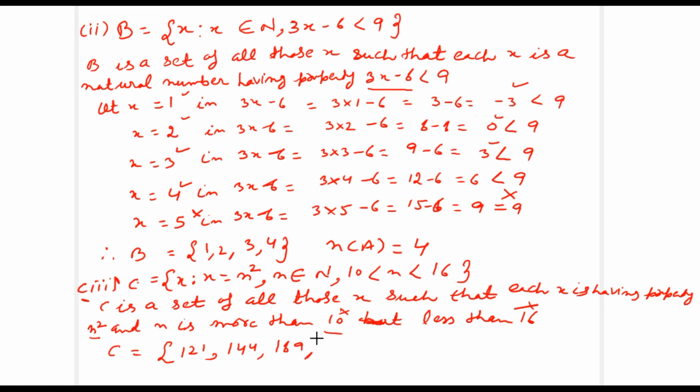Next is 14, which gives 196. Next is 15, which gives 225. And our cardinal number n(C) would be, how many elements have we calculated? 1, 2, 3, 4, 5, and n(C) would be 5. So students, this is your part third.